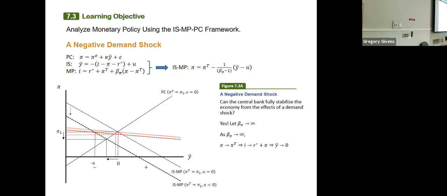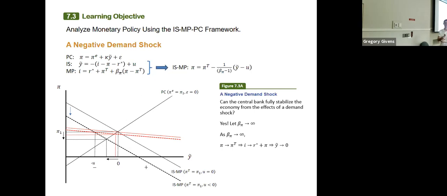What do you do? You lower the nominal interest rate, but you lower it a ton, because beta pi is a really big number. In fact, you lower it so much that the real interest rate falls sufficiently to bring the output gap all the way back to 0. And if you can do that, then you can bring inflation all the way back to pi 1.